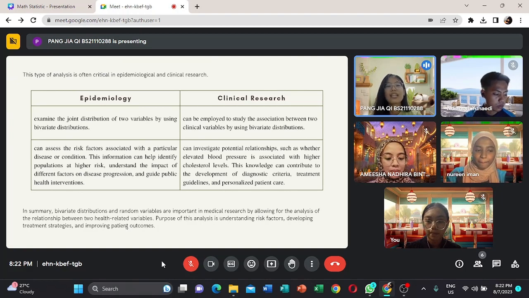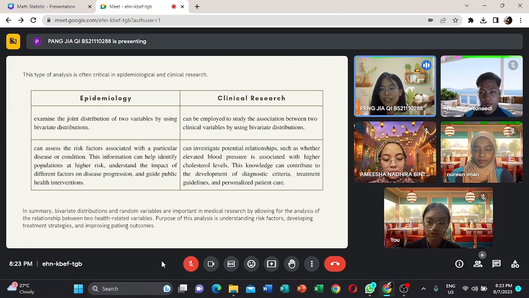Other than that, in epidemiology, we can assess the risk factors associated with a particular disease or conditions. This information can help identify populations at higher risk, understand the impact of different factors on disease progression, and guide public health intervention.